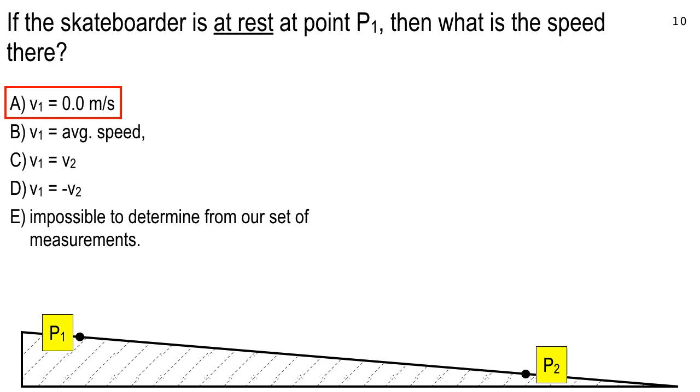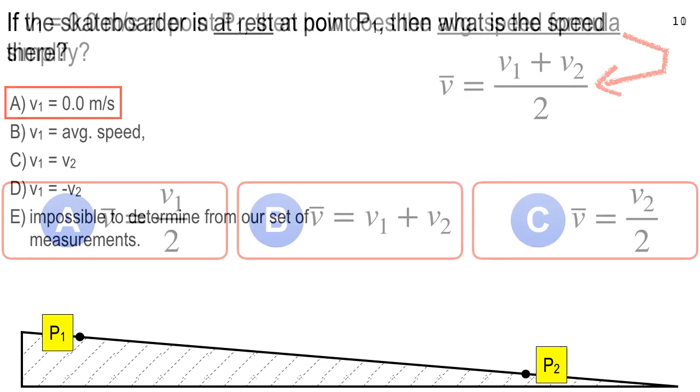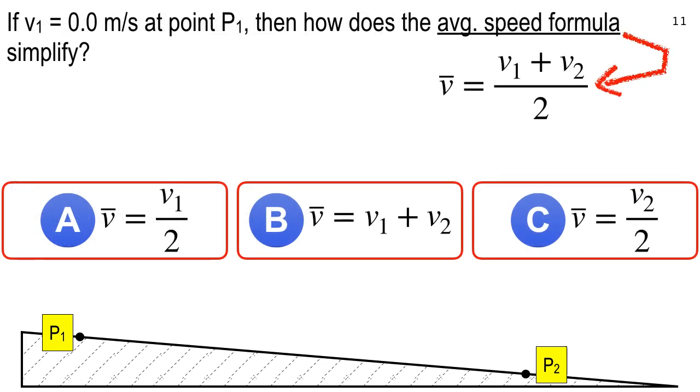Now, here's another multiple choice question. How does the average speed formula in the upper right simplify if V1 is equal to 0? Choose one of these. Let me start it. Which one of these, if you think about it, yeah, I see people pointing, good.